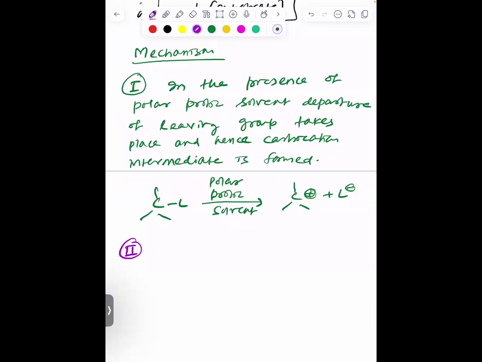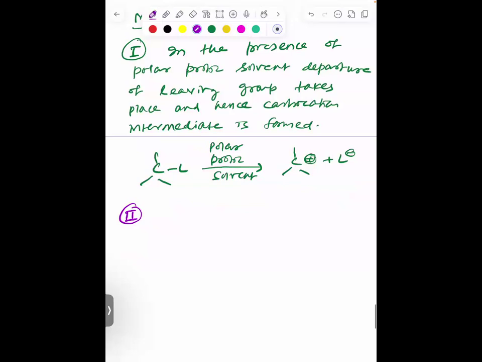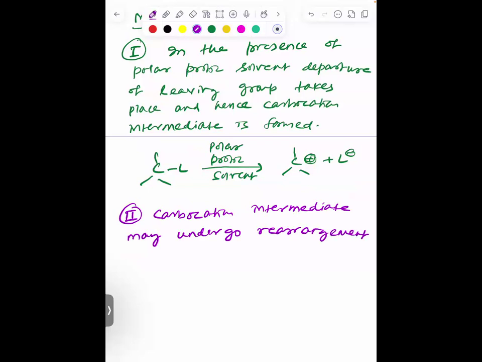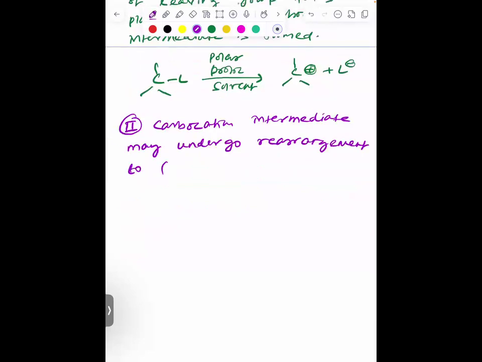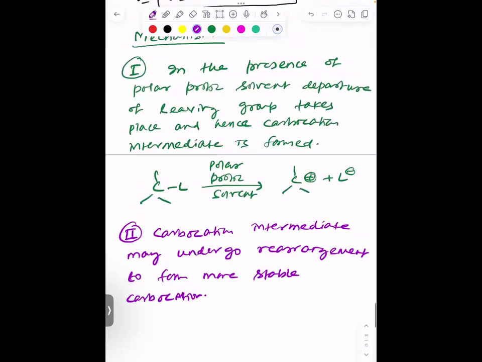Whenever the carbocation intermediate is formed, it may undergo rearrangement to form more stable carbocation. May undergo. That means it will not always happen.